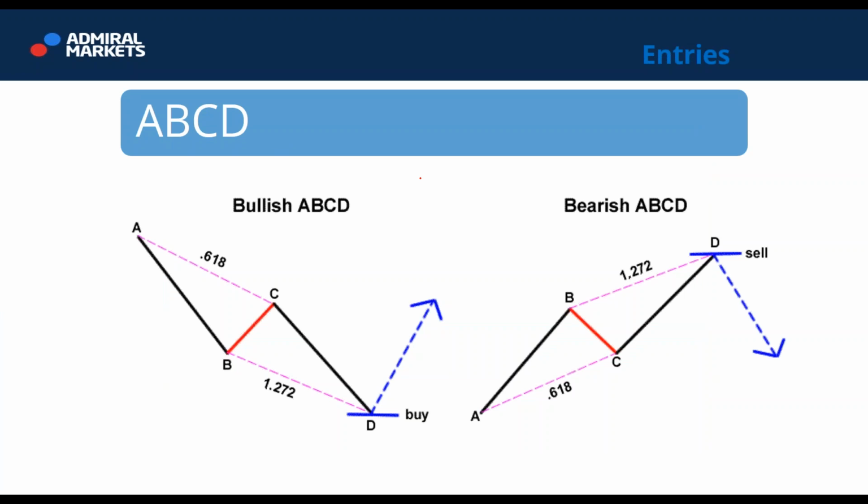Entries are based on lower time frames, different patterns. So if I use 1 hour time frame to chart, to mark the zone, to mark POC zones, I will use 15-minute time frame to actually spot ABCD pattern. So ABCD patterns are very, very strong, and it's one of the stronger classic chart patterns, but it repeats in Forex market always.